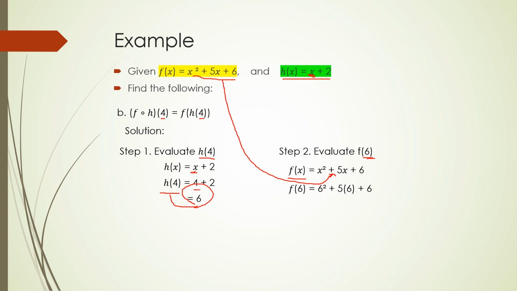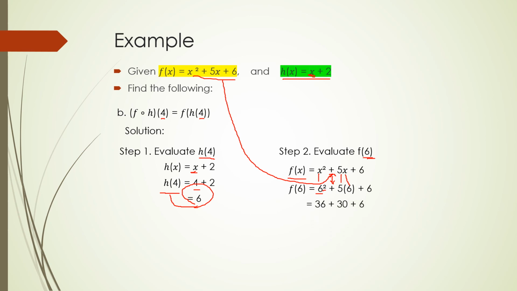So f at 6 is equal to 6 squared plus 5 times 6 plus 6.